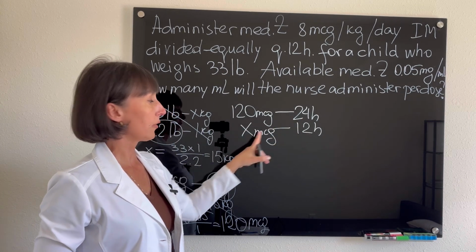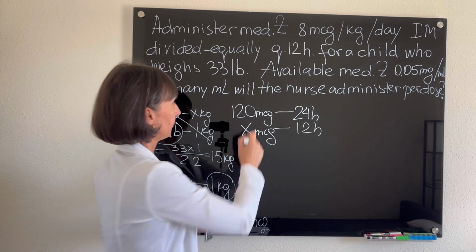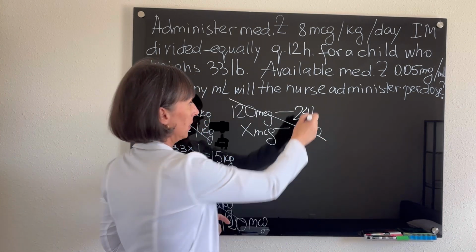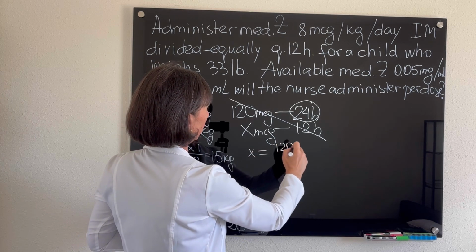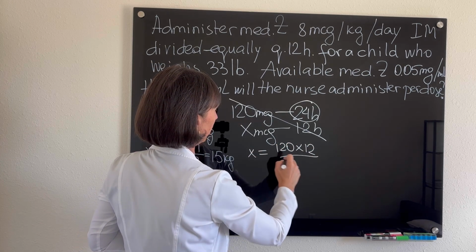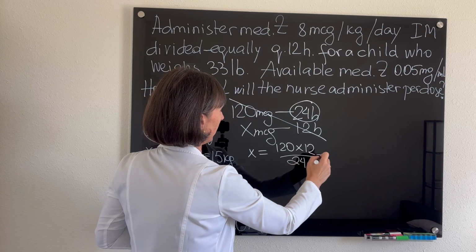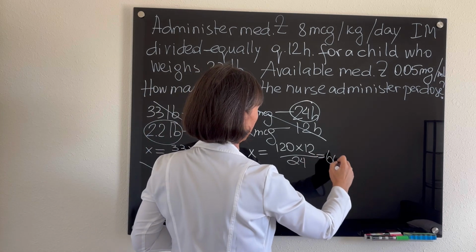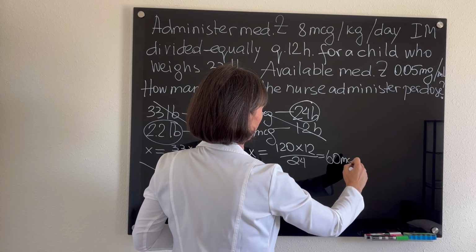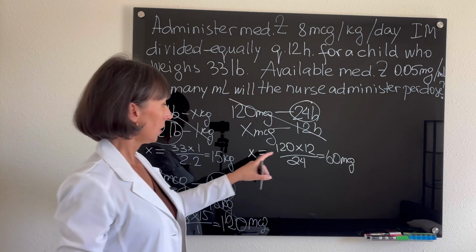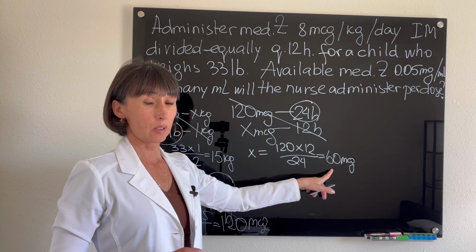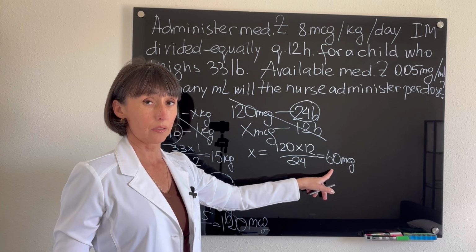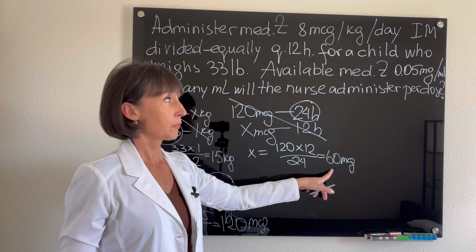What about for 12 hours? How many microgram is that? Multiply and divide. And I found 60 microgram. This is how many microgram I will go and deliver in one dose.